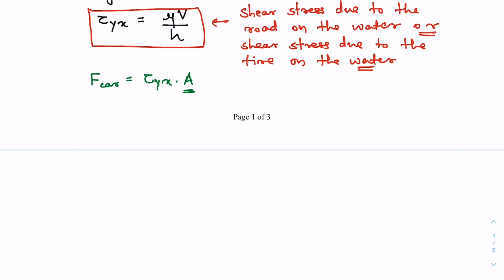And because this force acts in the negative direction, we will introduce a negative sign. So F is basically minus mu times V divided by h multiplied by A.